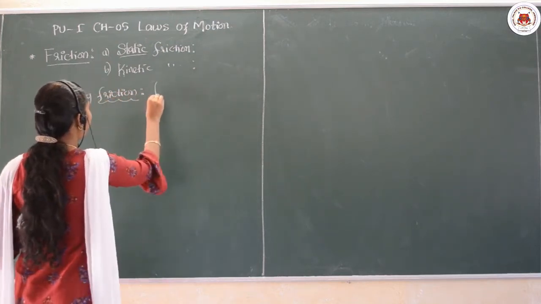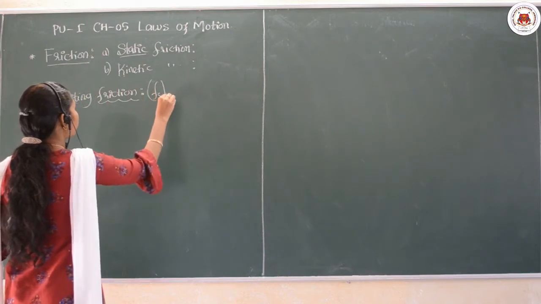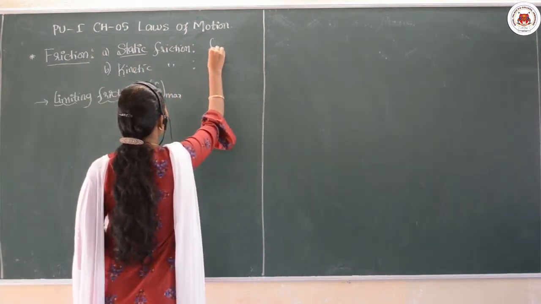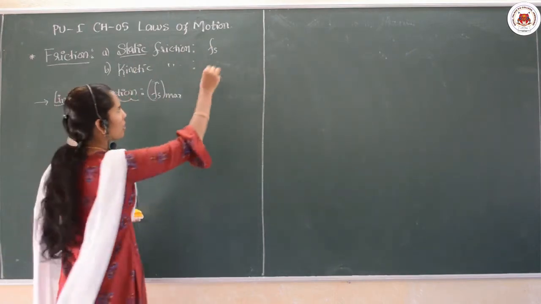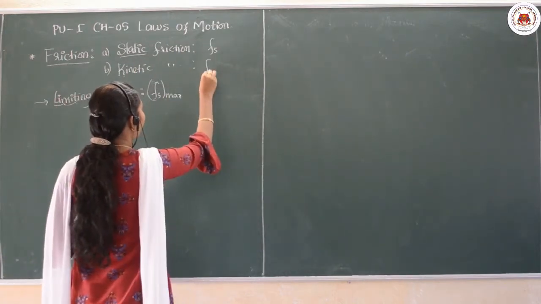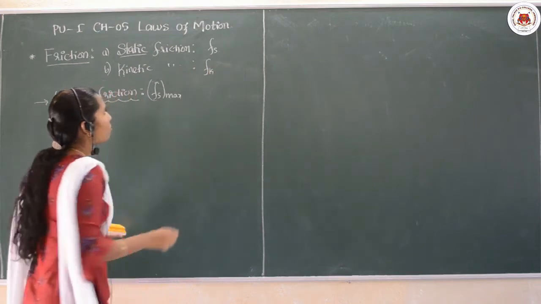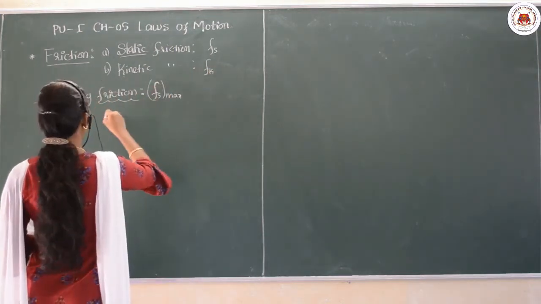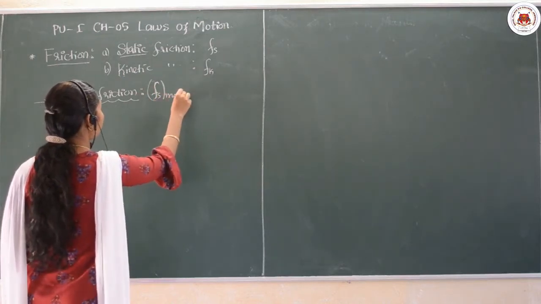Limiting friction can be represented as Fs maximum. Static friction we take as Fs, kinetic friction we use Fk, and limiting friction we take Fs maximum.